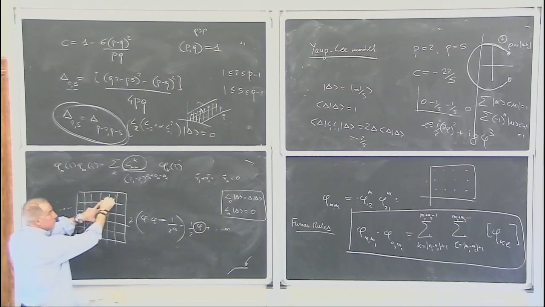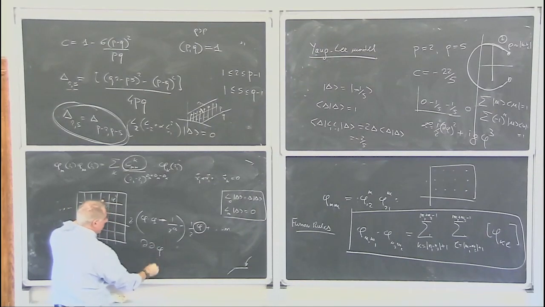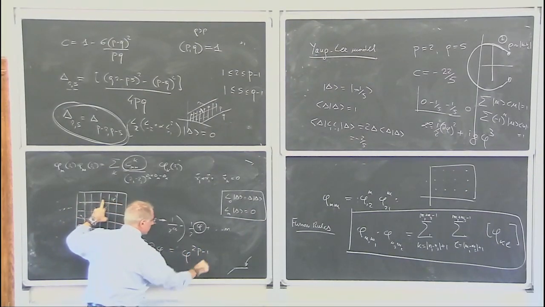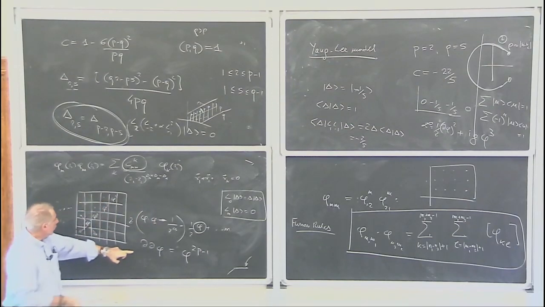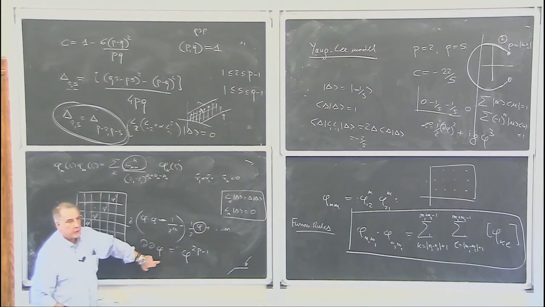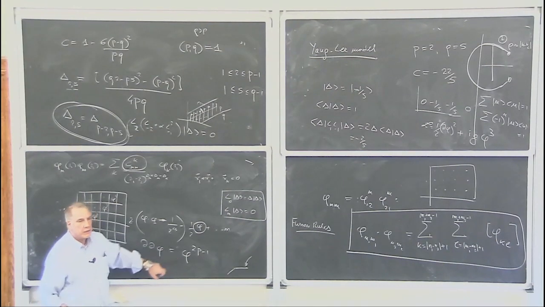Because once you try to repeat the story, you end up with equations where whatever you get here, you have to identify with this kind of stuff. What is this? This is the equation of motion of a Landau-Ginzburg theory.